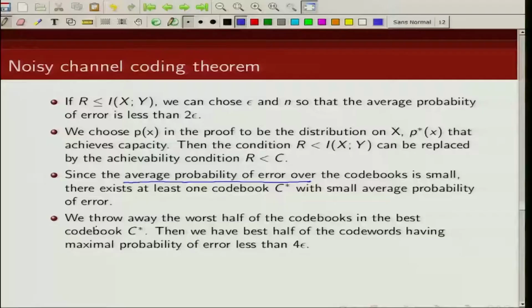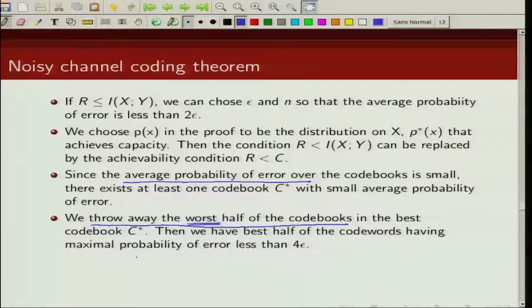Now what we do next is as follows. We throw away half of the code words. And what are these half of the code words? We throw away the worst half of the code words, the ones which cause larger error. Now we are left with the other half, which consists of good code words, and by good I mean the ones which will cause less probability of error.